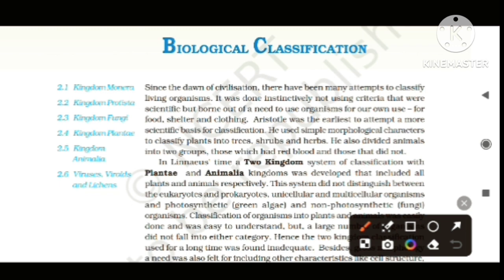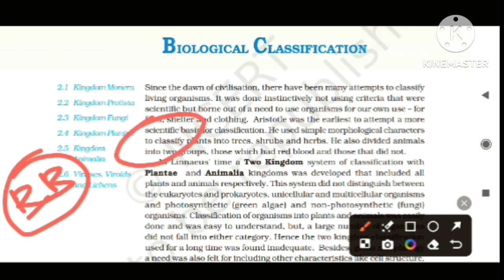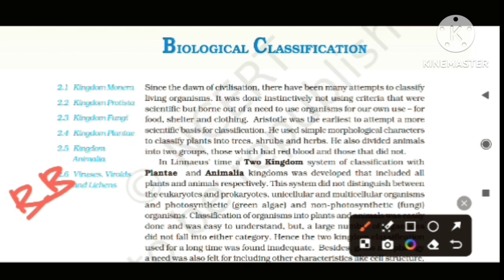For animals, he classified them into two groups: those with red blood and those without red blood. It may be green or any other color, but not red. Two groups by Aristotle.